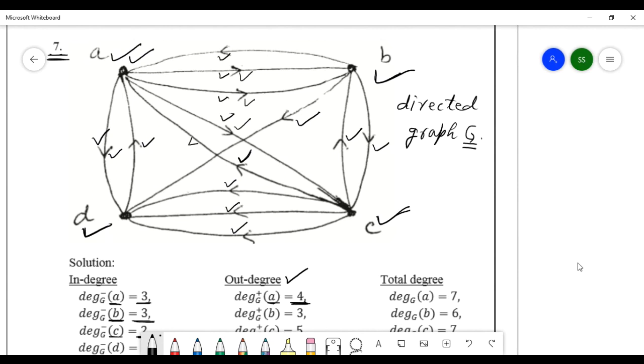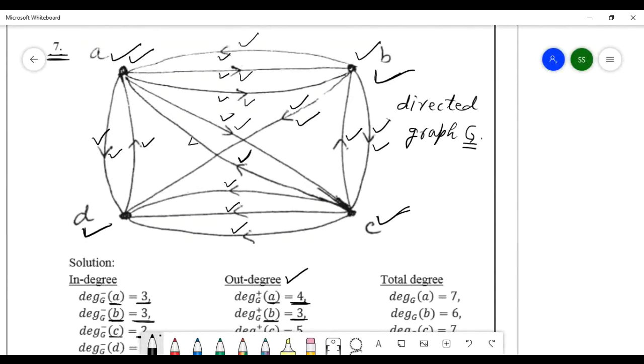Now out degree of vertex B. How many going from here? This one going, this going 2, and another going 3. So this is 3 here. Check this. Right?